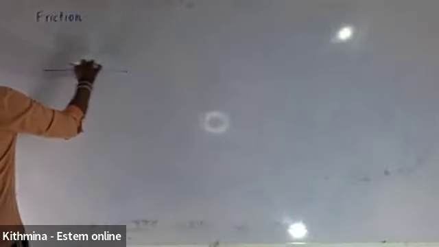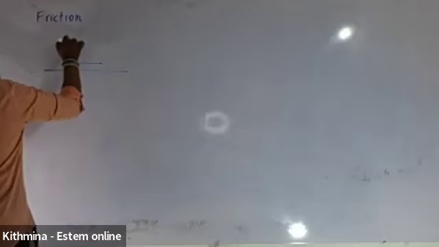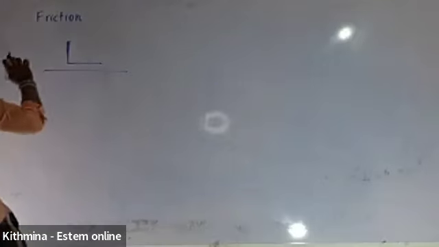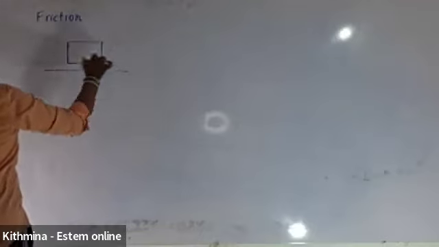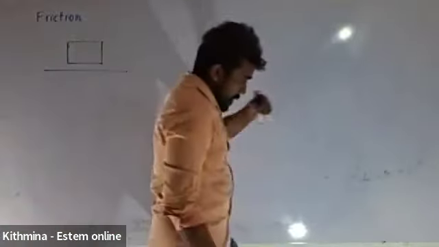Think there is an object. If there is an object in this place, there is an object on this surface.